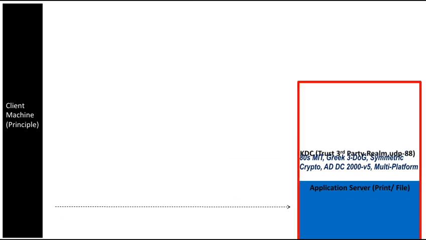So the client and the server have no mechanism to authenticate each other. Therefore, they need a third party which is trusted by both the client and the server. So this third party is the key distribution center or KDC.